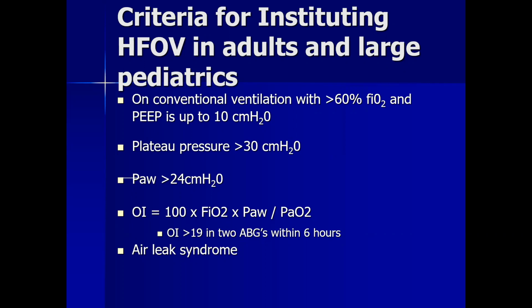If somebody's on conventional ventilation and their plateau pressures are greater than 30, you would recommend the oscillator. Actually, don't we have a better fix if the plateau pressure is higher than 30? You're on conventional ventilation, you do a plateau pressure and it's 30 or 32. What should you do to get that plateau pressure down?